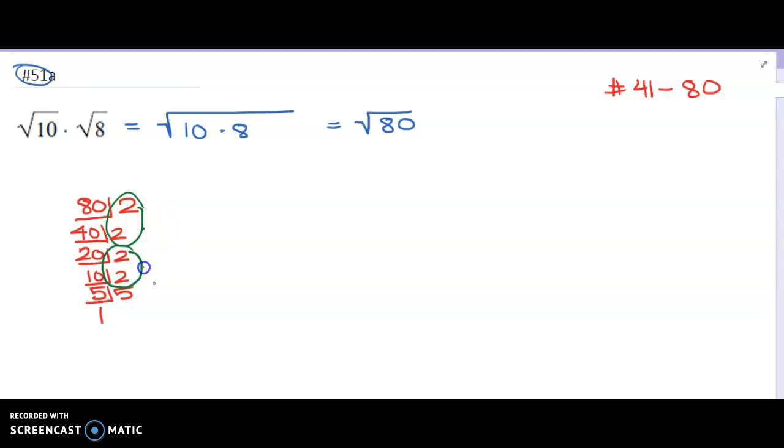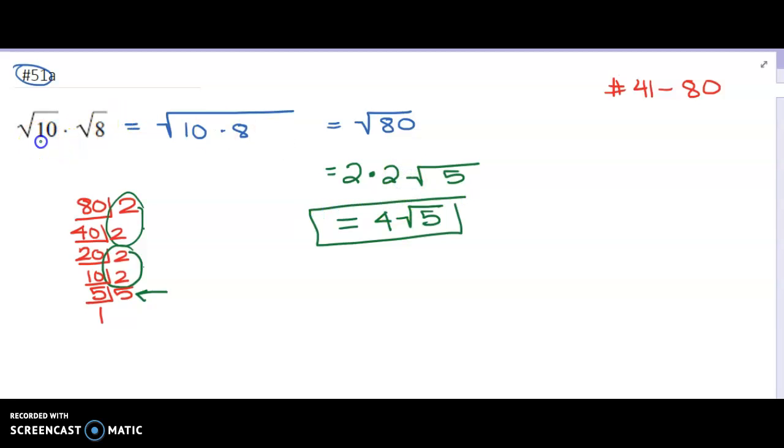So we have a pair of 2's and a pair of 2's and a leftover 5. So the pairs come out front, so we have 2 pairs of 2's, and remember we multiply them, and our leftover 5 goes in the fridge. So the square root of 80 is just 4 square root of 5, and that would be our final answer. Okay, so square root of 10 times square root of 8 simplified is just 4 square root of 5.